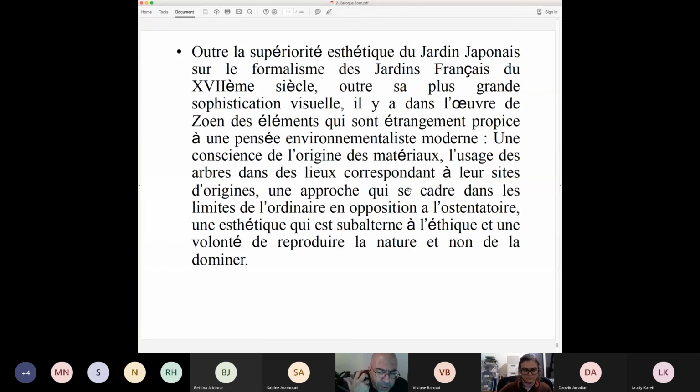The use of trees in places that correspond to their original sites of origin. And we see an extension of this today in, for instance, the resistance of the Australians to importing foreign trees into Australia.